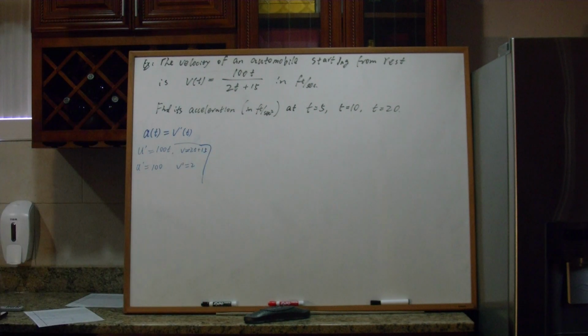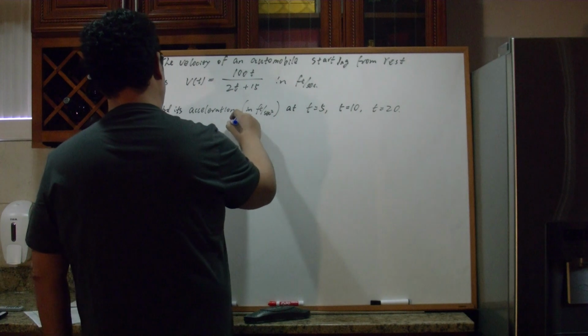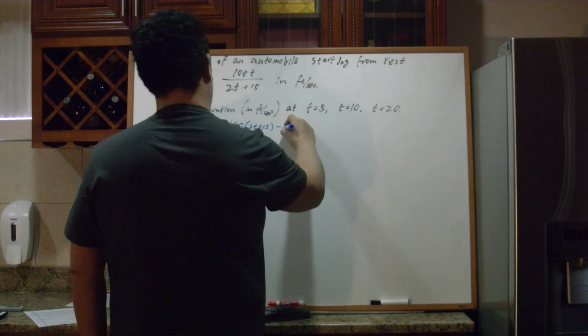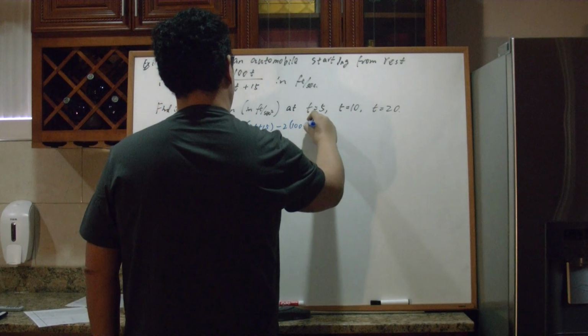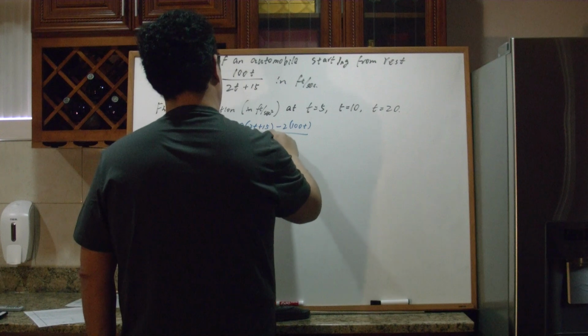Since that is a quotient, we use the quotient rule: u prime times v minus v prime times u, over the square of v.